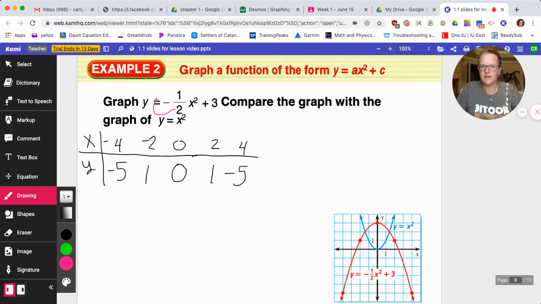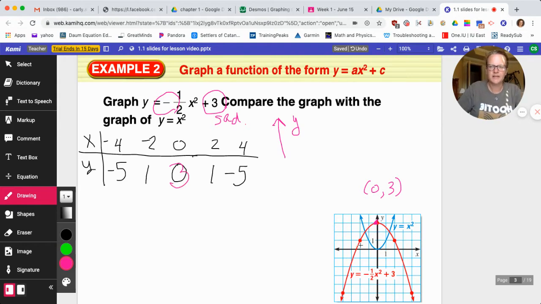So this right here tells me that it's a sad parabola. And this right here tells me that we are no longer at the vertex, but we have moved +3 on the y-axis, which is why our vertex is right there at 0, +3, which means this value is wrong, and I didn't notice it, sorry.